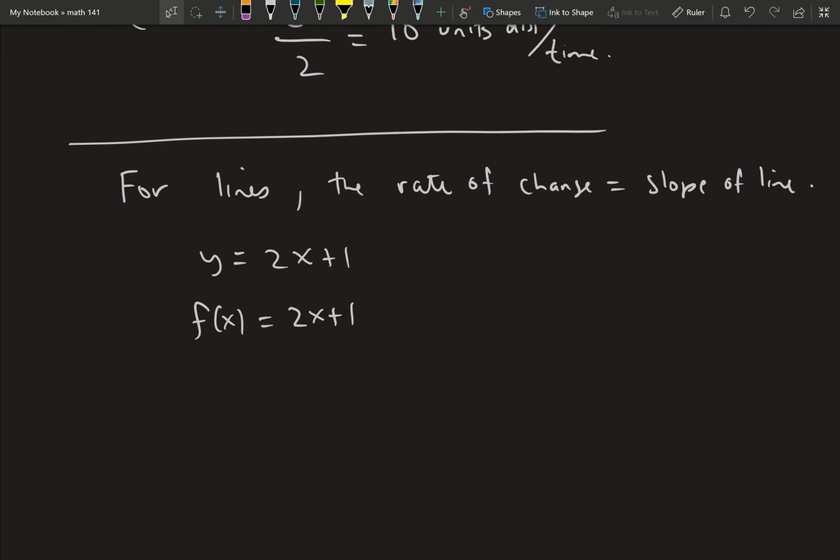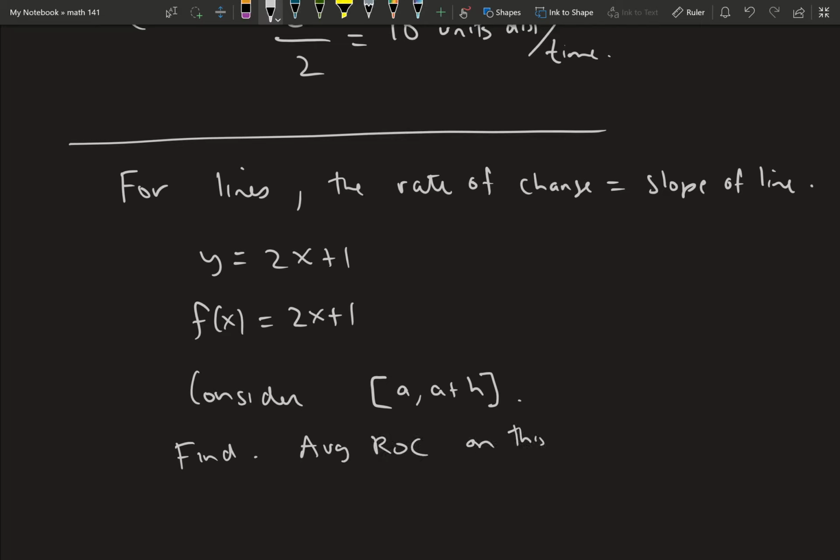And I could consider any time interval. So consider a to a plus h. I'm starting at some number a, and I'm going up to a plus some number. So this is a time interval. And we want to find the average rate of change on this interval.